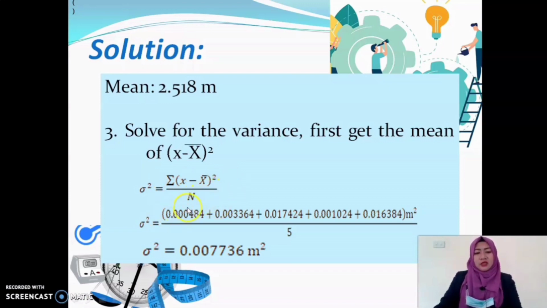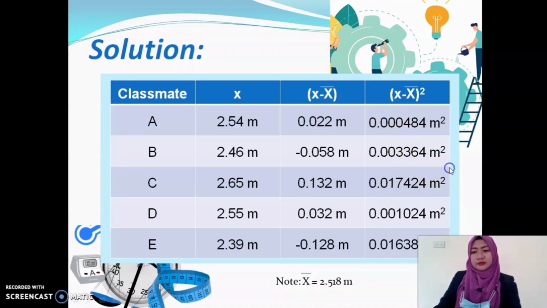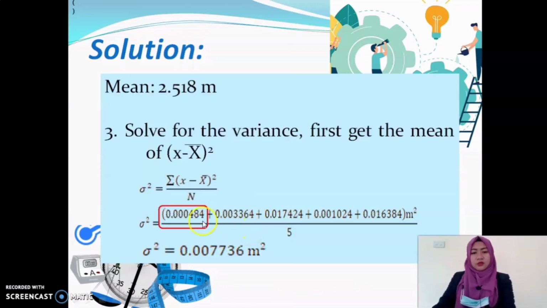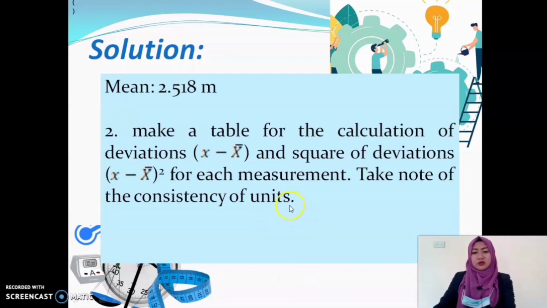So you just get the value from here, copy that and substitute that into here, and you get all of those values. You divide it by 5 and your variance will equal 0.007736 meters squared. And this value is used to get our standard deviation.